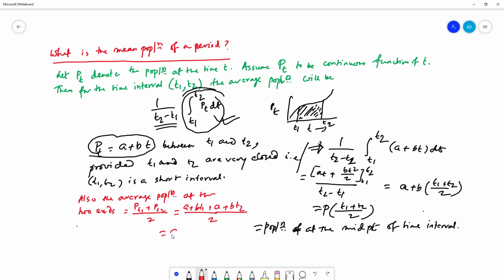Then we get a plus b times (t1 plus t2) by 2. So this is nothing but a simple average of the population at the two end points. Hence, with these assumptions of linearity in the population, all the approximations are exactly equal to the actual average of the population. This is the justification.